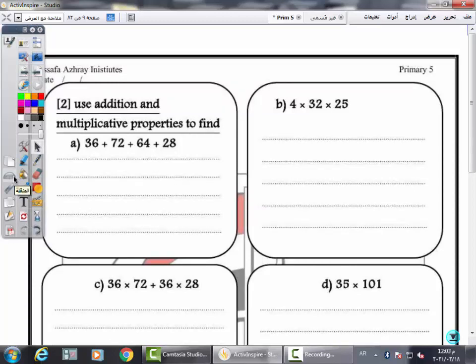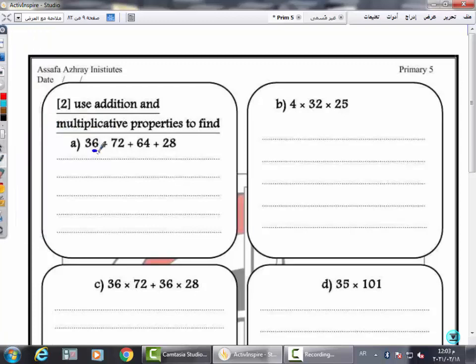Number A: 36 plus 72 plus 64 plus 28. We have 4 numbers and we want to add them. We will look at the units to give us 0, 10, 100 or 1000. The first number has units 6, so we look for another number whose units give 0. We look at 64.